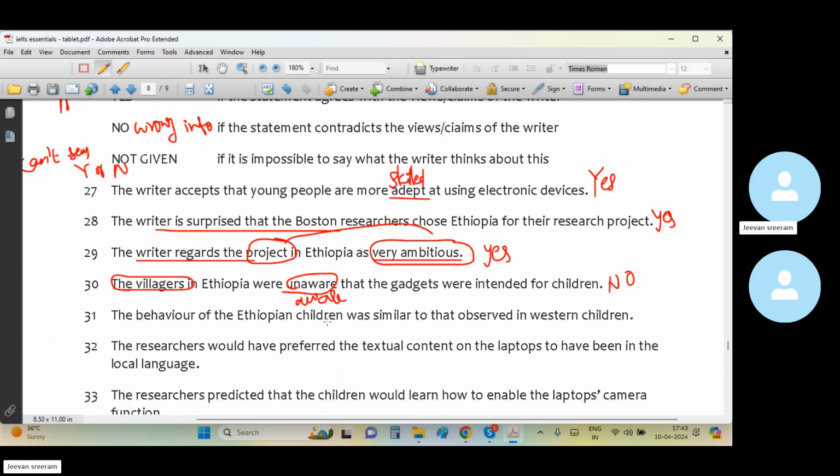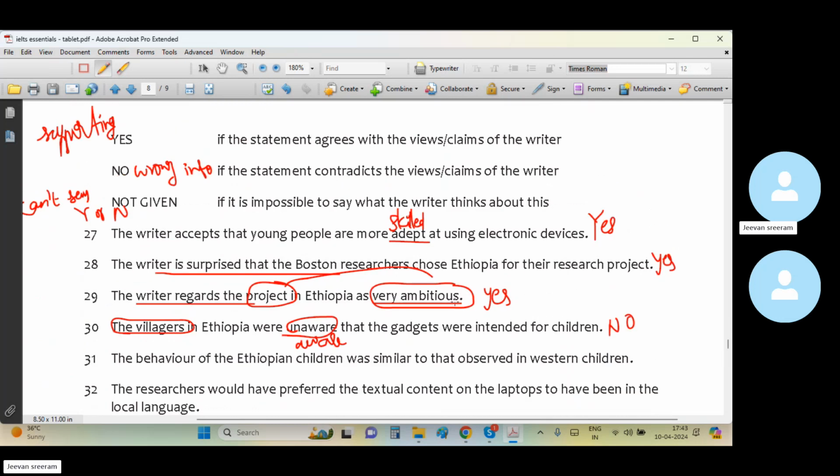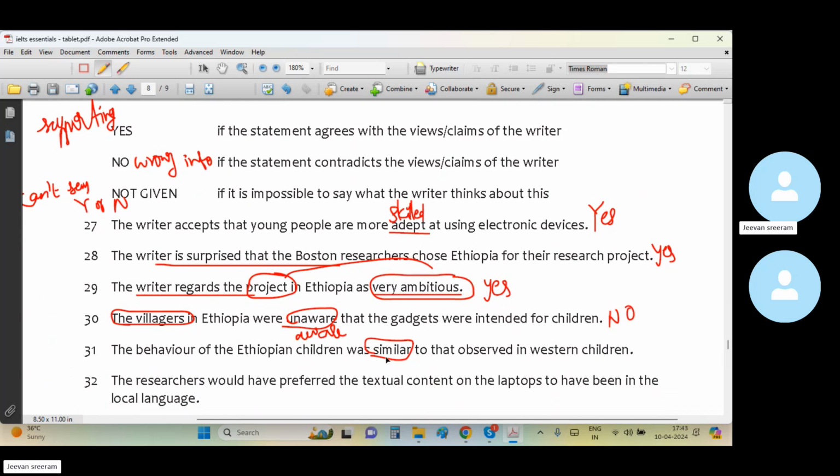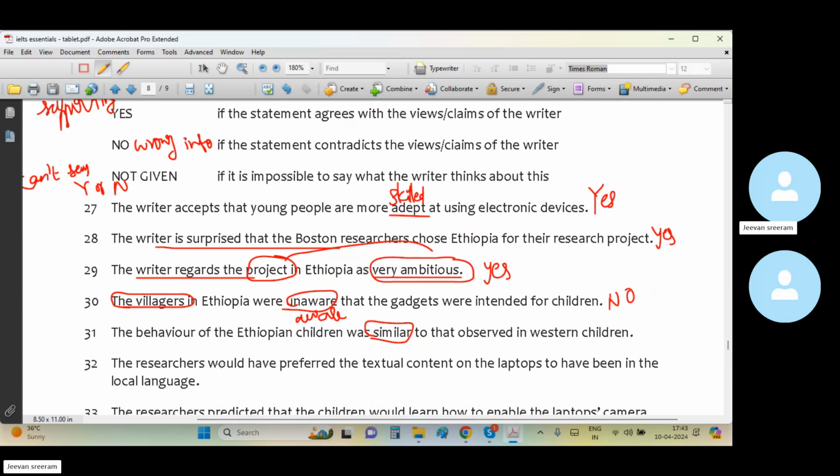The behavior of Ethiopian children was similar to that observed in Western children. As per the passage, the behavior of Ethiopian children and Western children is the same when it comes to technology. Is it really true? I think no. Ethiopian children, as per the passage, group together and work on it.